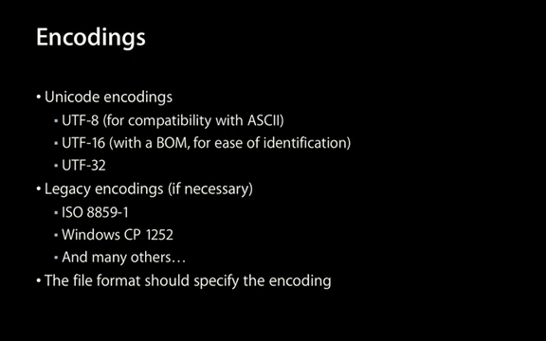Unfortunately, there's still quite a bit of legacy data in other encodings that you may need to import, and NSString will take care of all this for you. Just specify the encoding, and it will convert it. Of course, you should know the encoding. That should be part of your specification, and I'll talk a little bit later about what to do if you don't know the encoding.